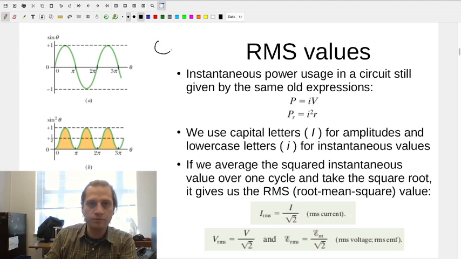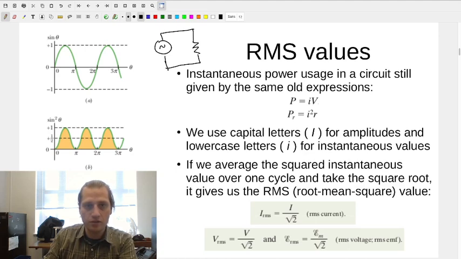So if we had, in our very simplest AC circuit, a function generator and a resistor, our current is going back and forth just along with our V. So this is applying some V. It causes an I that's going back and forth because the V is varying in time.